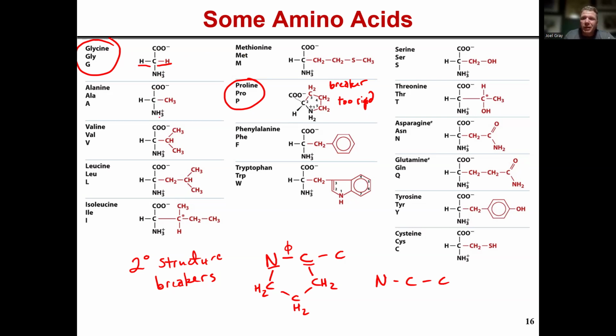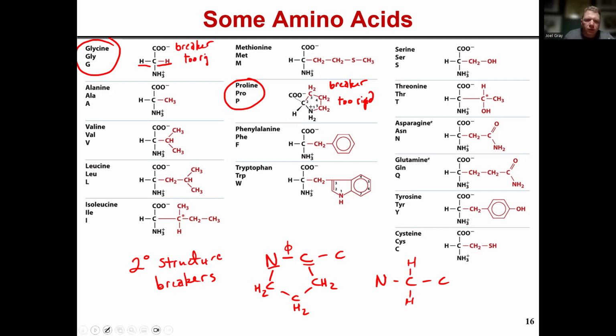This is the only amino acid that is not chiral. All of your other amino acids are chiral centers, or their alpha carbons are chiral centers. The R group is the exact same as one of the other groups that's on there. Because of that, glycine has such a small R group that it is a breaker, because it is too rigid.